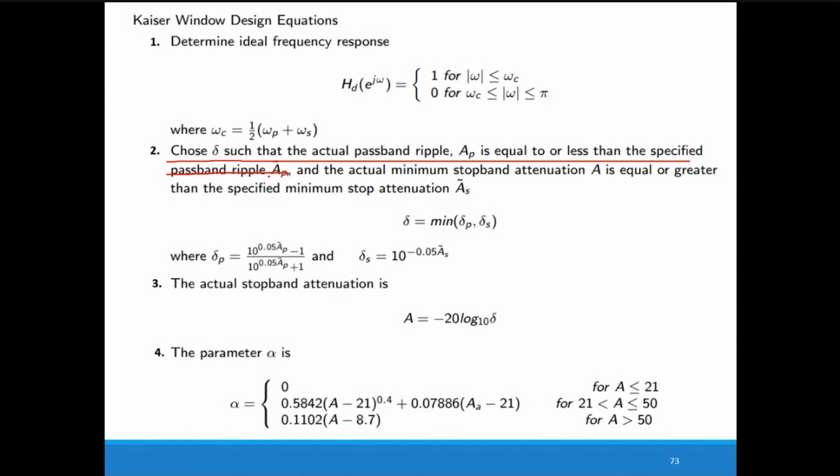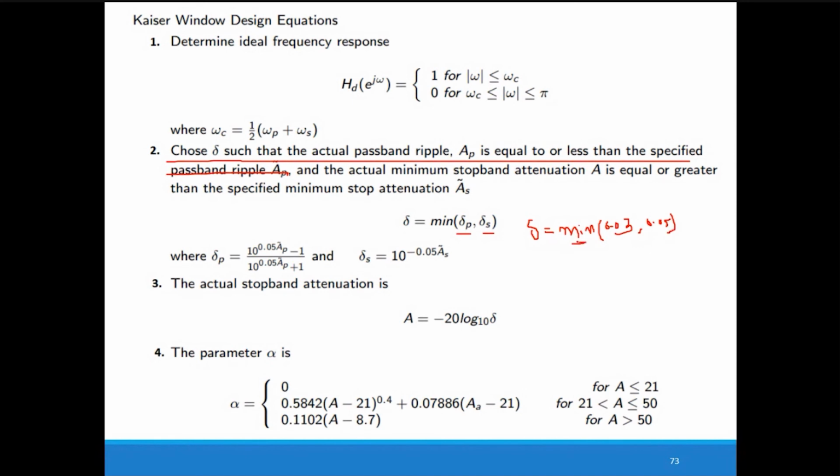Okay, so for example, let us see how you will calculate. If delta p is given and delta s is given, you have to find out the minimum of them. For example, delta is equal to the minimum. So for example, delta p is given as 0.03, and delta s is given as 0.05, or you have calculated these values 0.03 and 0.05.